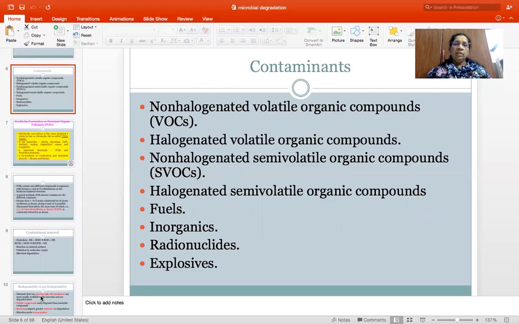So, based on the different chemical structures or chemical properties, the ability of the microorganisms to degrade also varies.